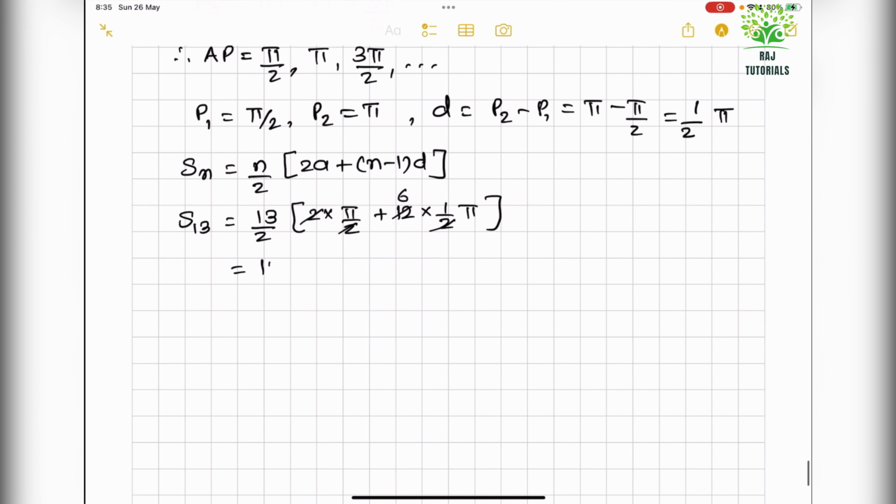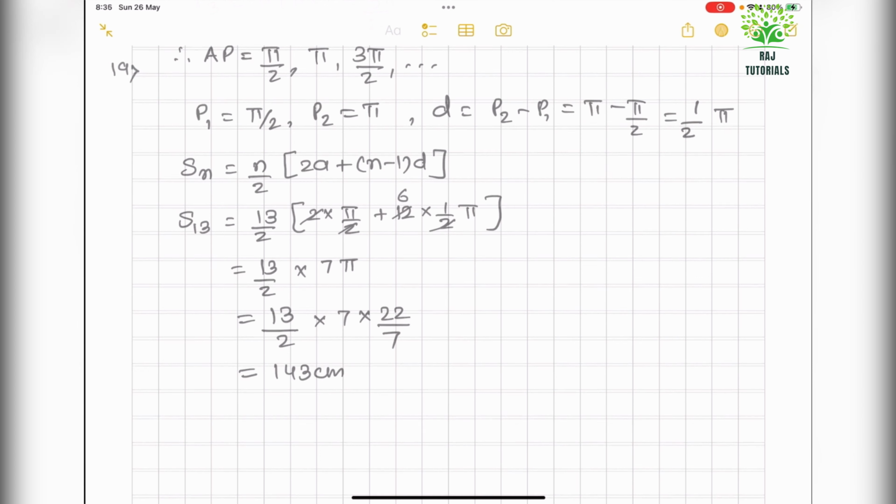So that will be 13 by 2 into pi plus 6 pi, so 7 pi. If I solve this, 13 by 2 into 7 into 22 by 7, that will come to 143 centimeters.